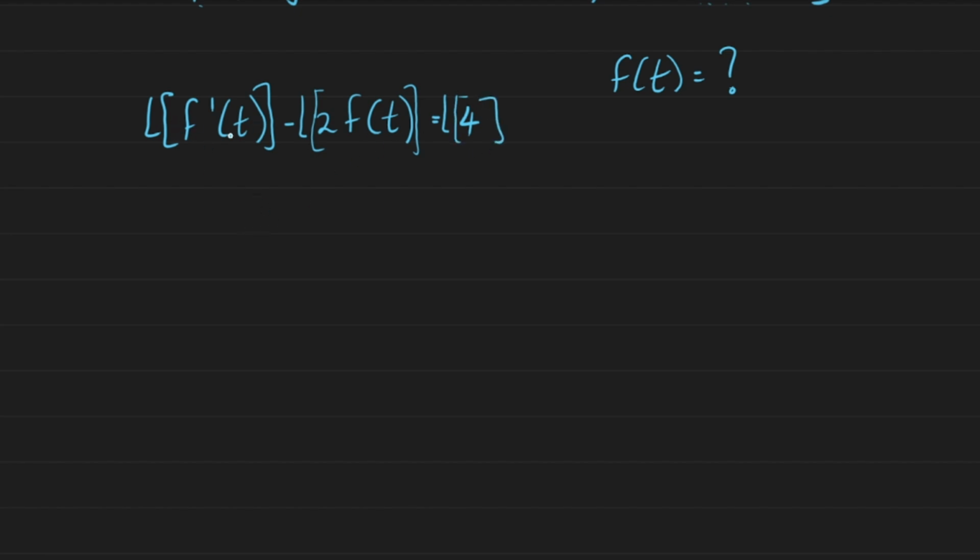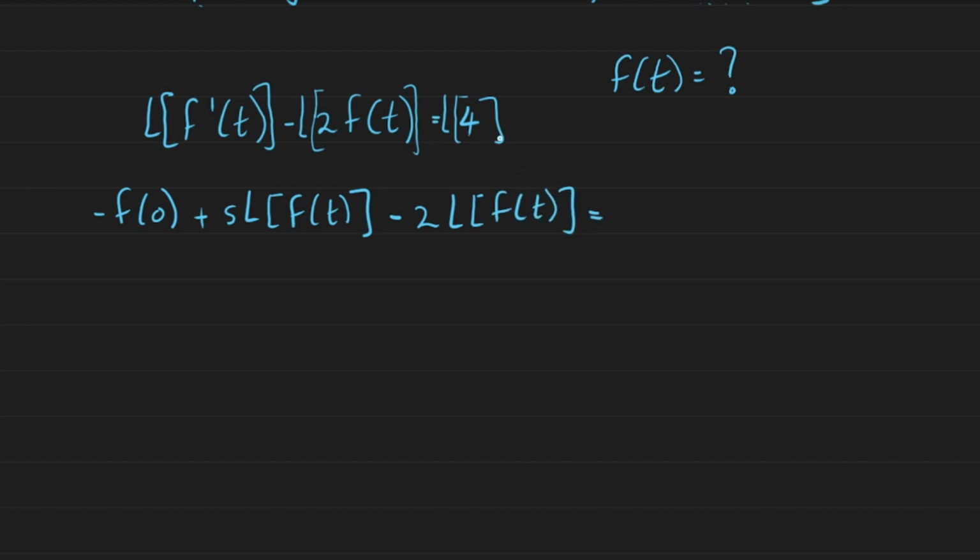And the Laplace transform of the derivative we showed just now is minus f naught plus s times the Laplace transform of the original function. Minus this 2, we can bring that out, and the Laplace transform of f of t, and the Laplace transform of 4.